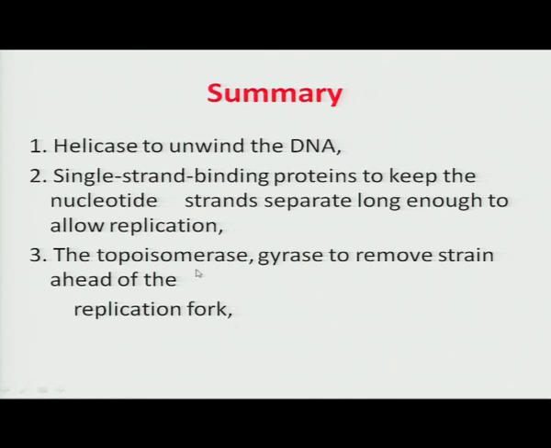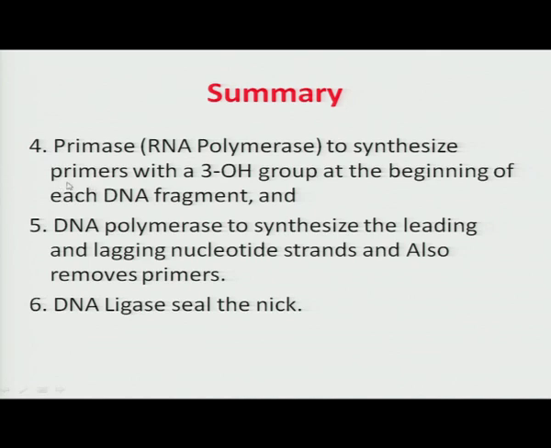Now, let us summarize all the concepts which we learned till now. Helicase enzyme which unwinds the DNA, single stranded binding proteins to keep the nucleotide strands separated long enough to allow replication, the topoisomerase, a type of gyrase enzyme which removes the supercoils formed ahead of the replication fork, the primase which synthesizes primers and provides 3 OH group to the DNA polymerase so that the polymerization can be done, DNA polymerase to synthesize the leading and lagging nucleotide strands and also remove primers.